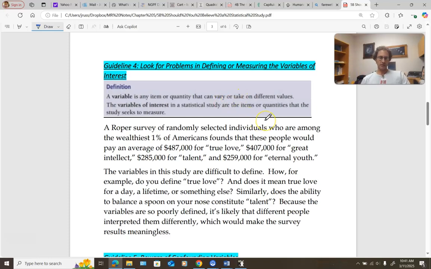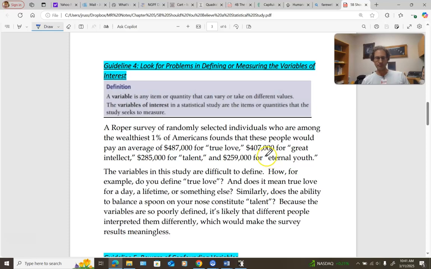All right, let's look at this example right here. It says a Roper survey of randomly selected individuals who are among the wealthiest 1% of Americans found that these people would pay an average of $487,000 for quote-unquote true love, $407,000 for quote great intellect, $285,000 for talent, and $259,000 for eternal youth.